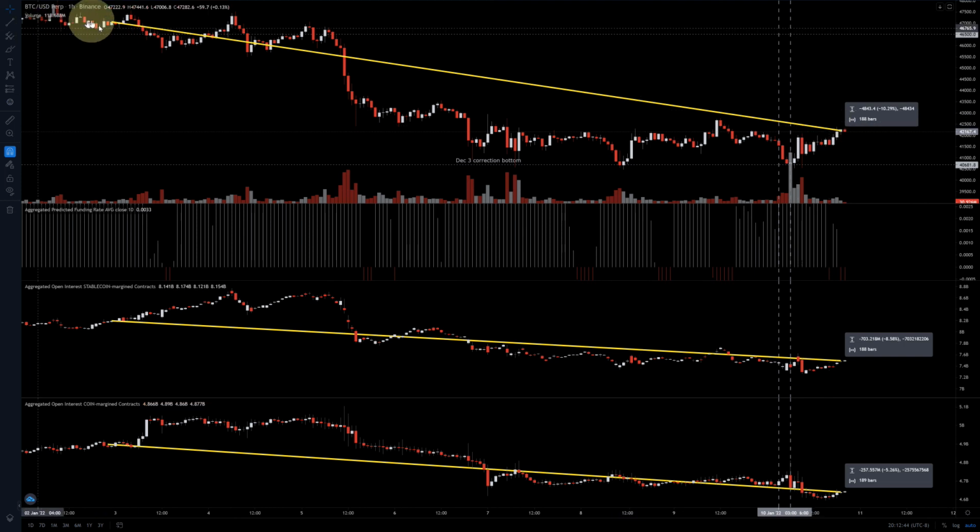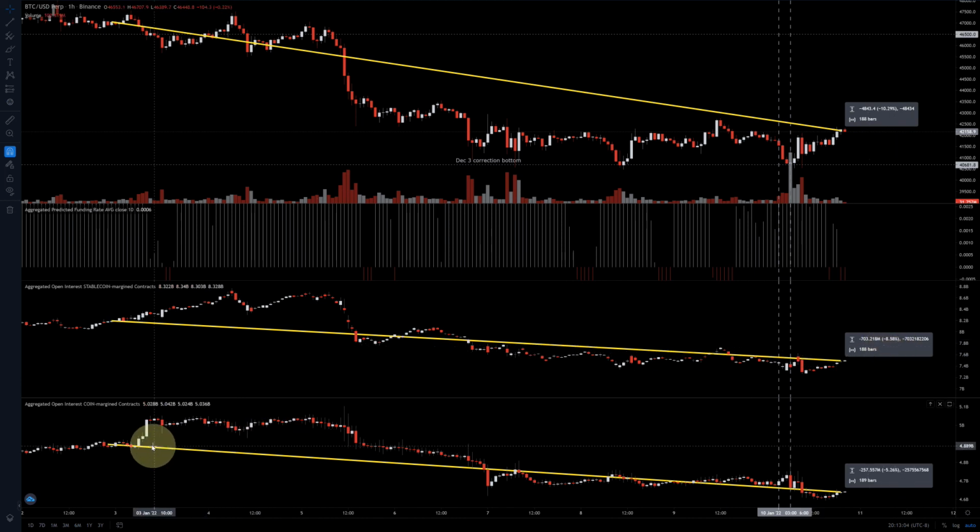The decrease in price is about 10%. I drew another line connecting the third for open interest for contracts backed by stablecoins, from the third till now, and this decrease is about 9%.